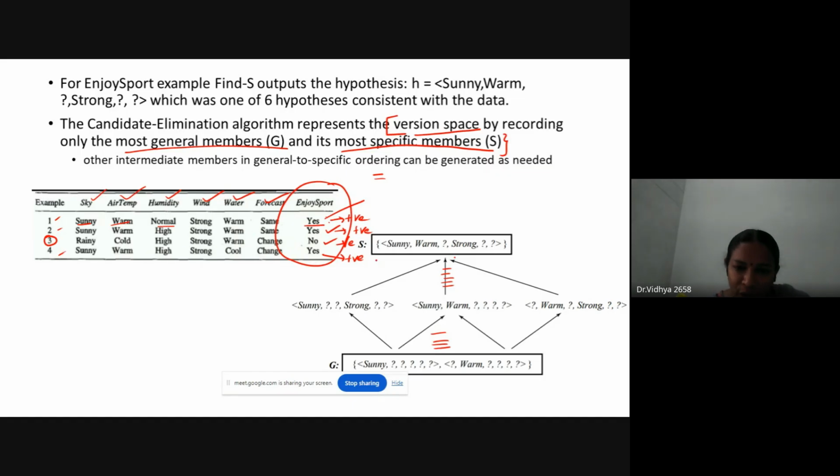Then we look at this example. Look at this diagram. Here it is shown that we have the general hypothesis, and from the general hypothesis we are able to move to the specific hypothesis, where the hypotheses are defined according to the composition of the attributes in terms of general as well as specific.